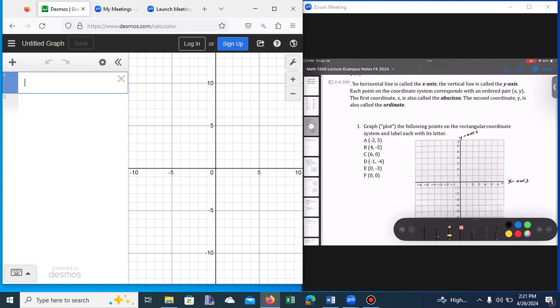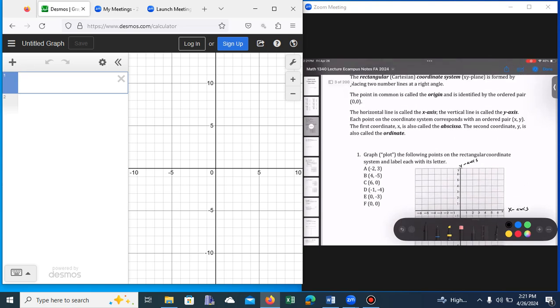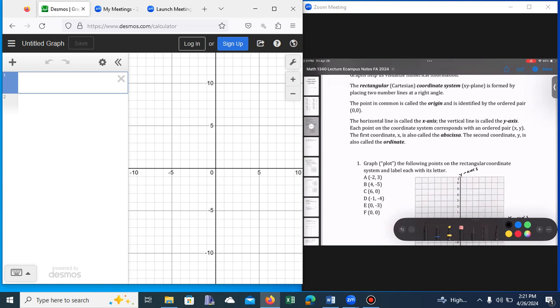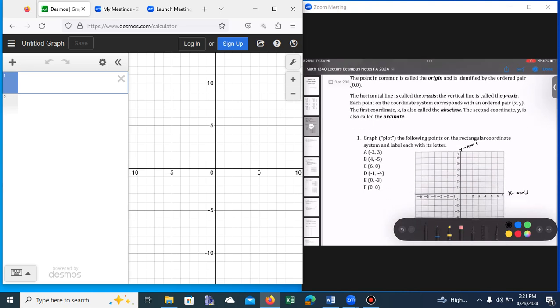So all y variables are measured off the vertical, all x variables are measured off the horizontal axis. The origin, which is when x is 0 and y is 0, is right there at the center. This is the origin, or in this case, letter F.